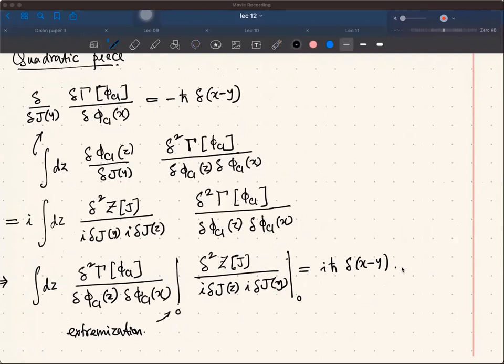This is at phi_cl equal to 0, and this one is at j equal to 0. When you write j equal to 0, then that quantity is nothing but the connected two-point function.